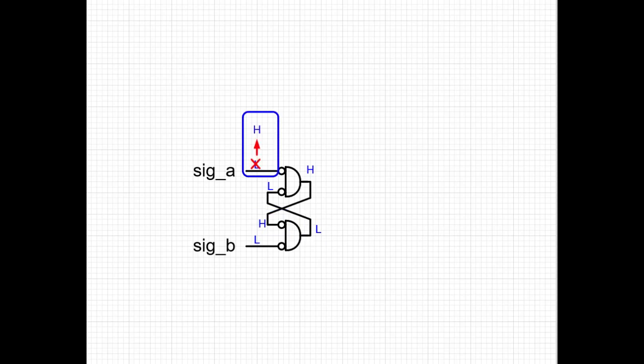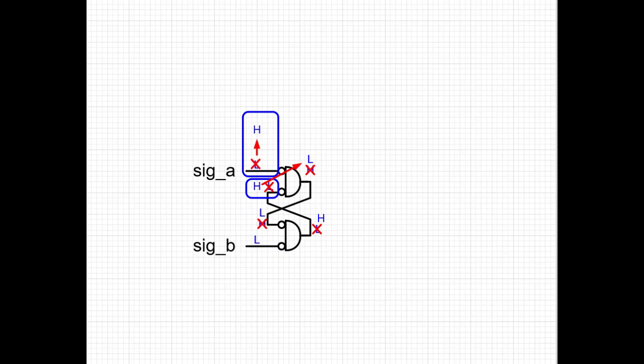Now though, let's make sig A go high. That forces the top gate to go low. And since sig B is still low, the lower gate goes high.